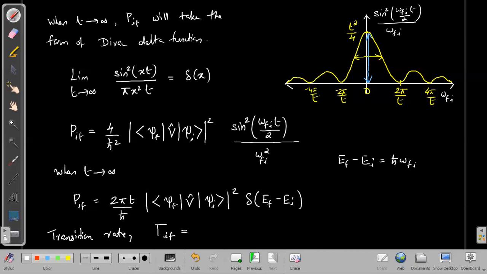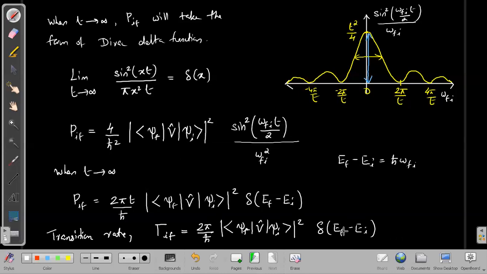So the transition rate from i to f, I have to divide this with t, and you will get the expression 2π by ħ, the inner product ⟨ψf|V|ψi⟩ mod square, the Dirac delta function δ(Ef minus Ei). Okay, it's good. So this is the transition rate.